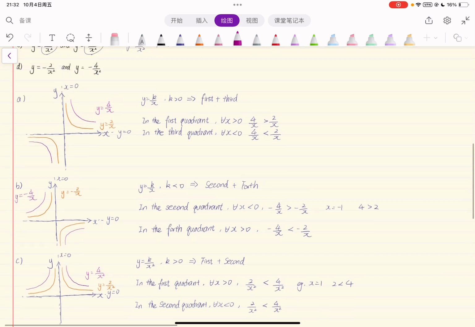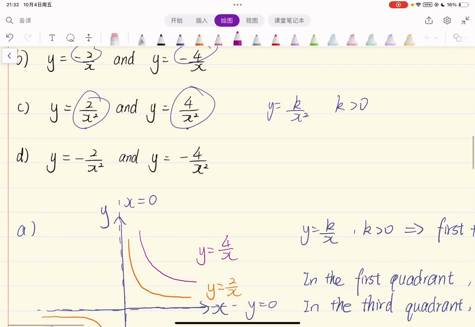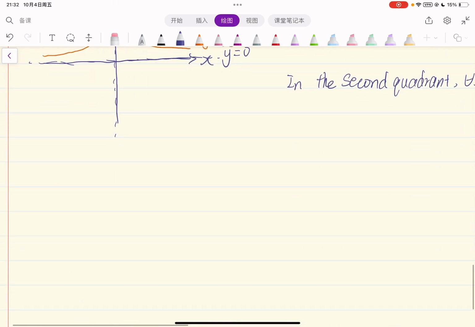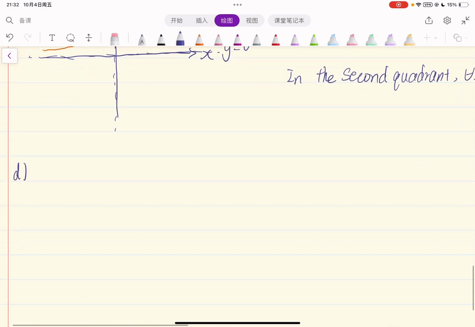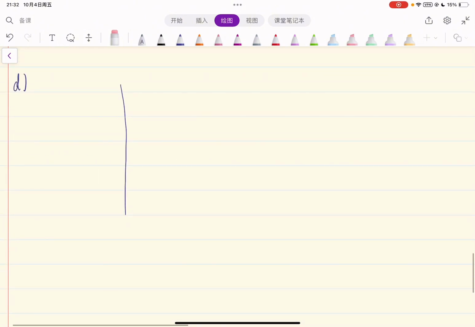Now for part D, what we have is minus 2 over x squared and minus 4 over x squared. That is y equals k over x squared, where k is less than 0. Sorry, let's move a little bit.